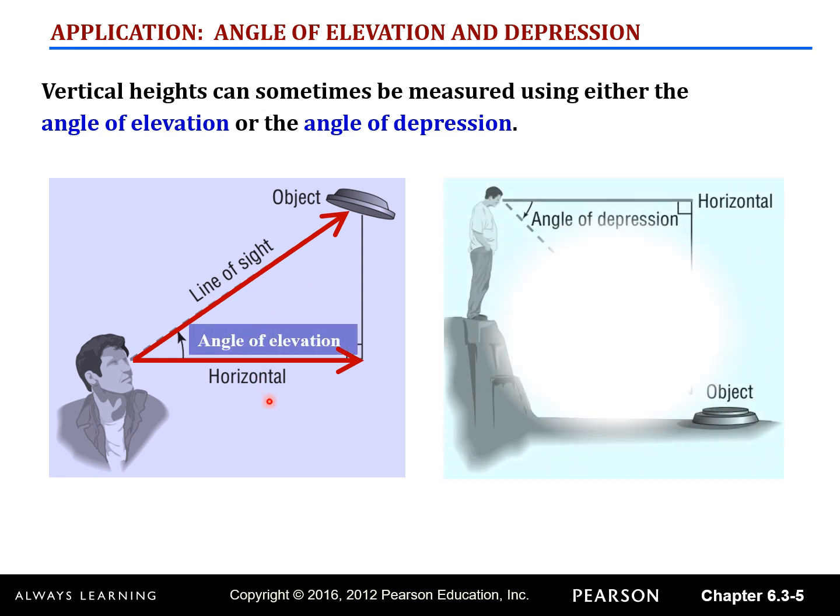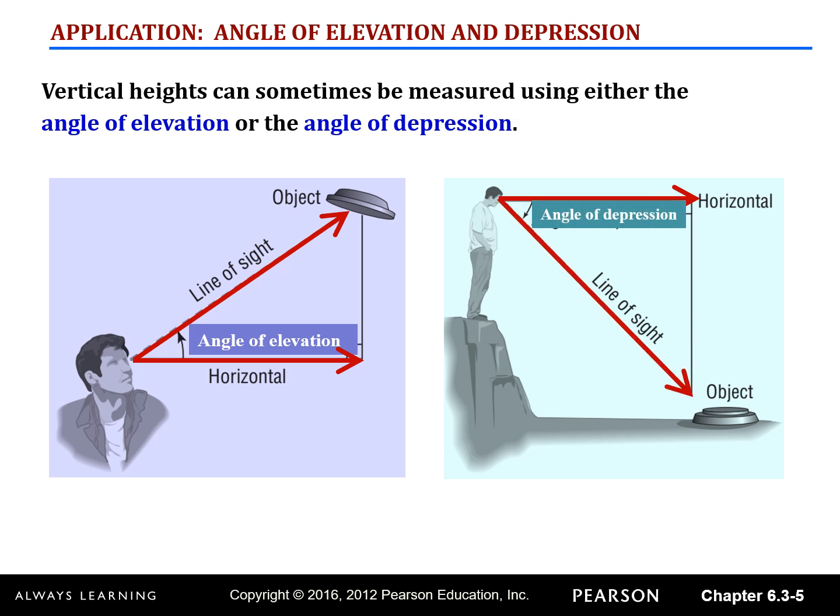While the angle of depression is, if a person is standing on a cliff looking down at an object, the acute angle made by the horizontal line and the line of sight is the angle of depression.